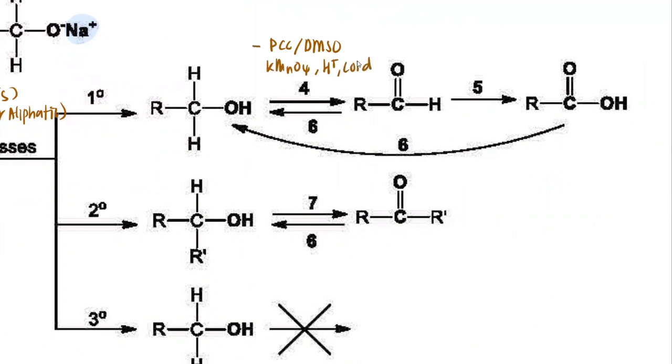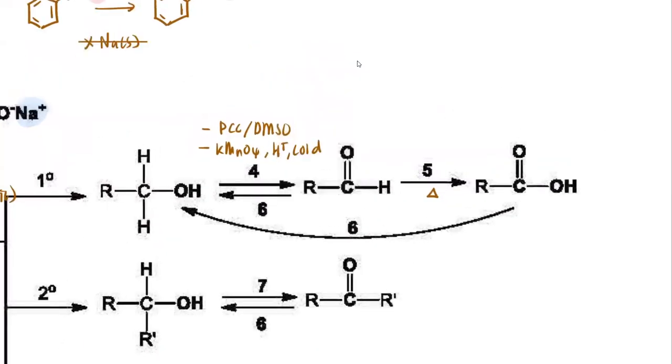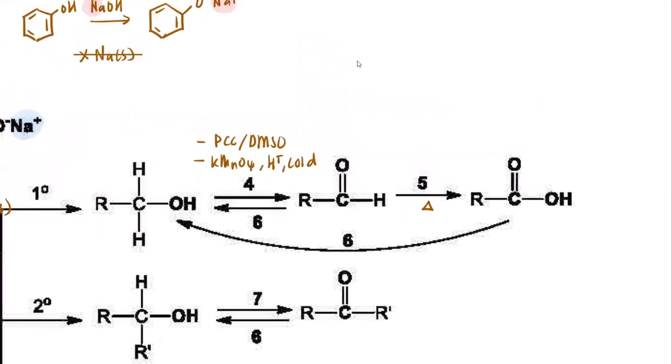This one will form aldehyde as well. From aldehyde, you just simply heat up, and it can directly form carboxylic acid. Just by warming up the beaker, or just holding the beaker, it can form carboxylic acid directly, because aldehyde is not stable at all.